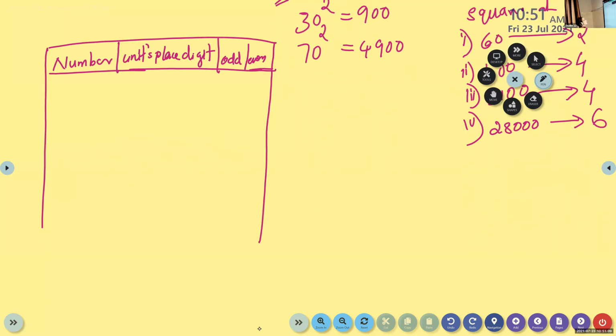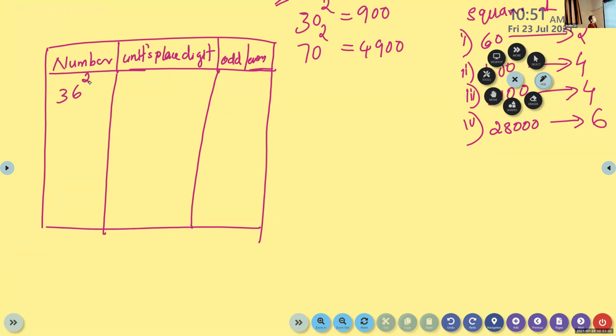First number is 36 square. What is the unit place digit? You have to write the unit place digit and whether it is odd or even. Okay, is it clear what you have to do?